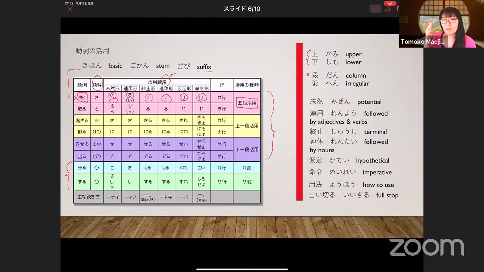Okay. That pattern is called godan katsuyo. So this is kami ichidan katsuyo. Can you read it? It's kami ichi katsuyo.